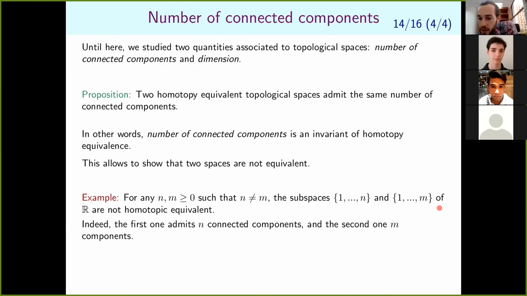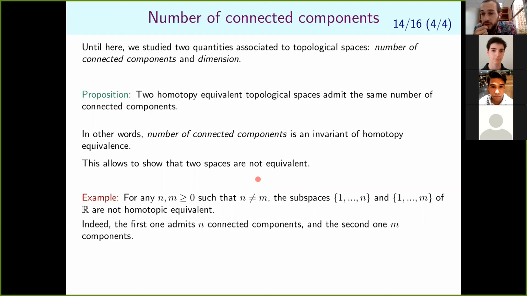Lucas asks, is the converse true? What converse? Do you mean that if they share the same number of connected components, then they are homotopy equivalent? Yeah, no. Unfortunately, this is not true.